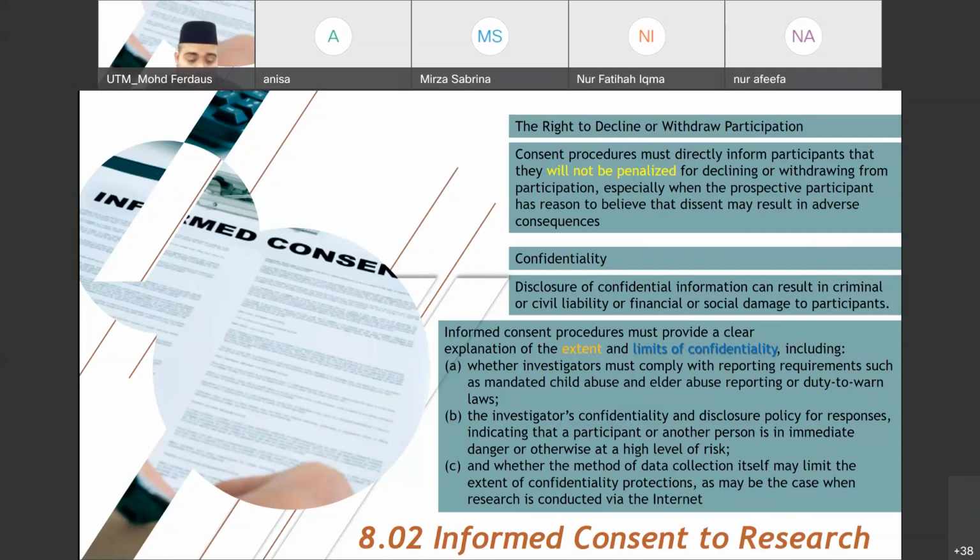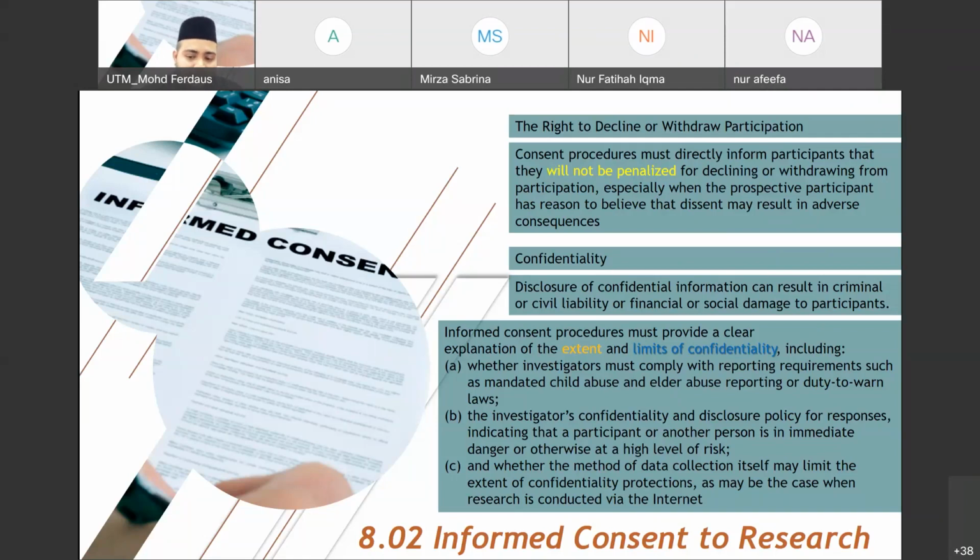Say, for example, suicidal ideation. If a respondent has a very high score of suicidal ideation, that breaches the limit of confidentiality. You are going to inform counselors, refer them to clinical psychologists, or report to their parents, and that must also be informed in our informed consent.